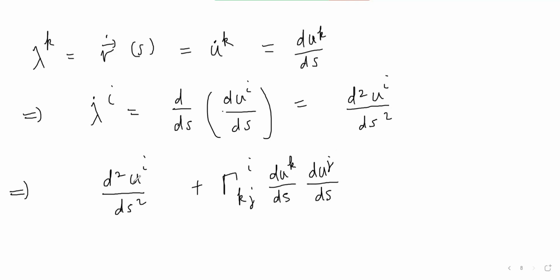So d squared ui ds squared plus Christoffel symbol I kj multiplied by duk ds times duj ds is equal to 0.